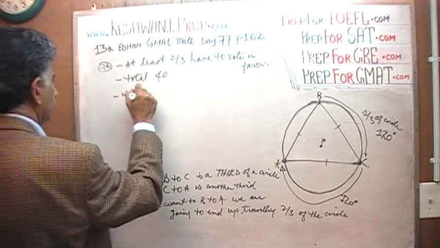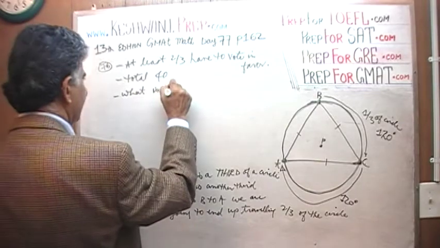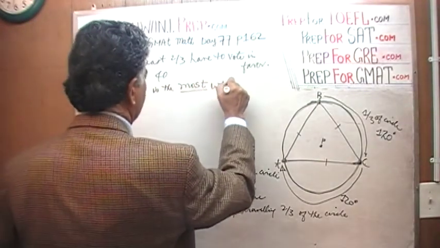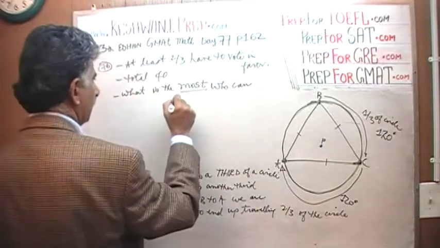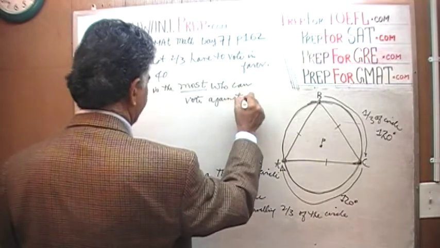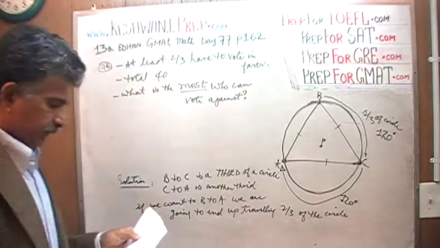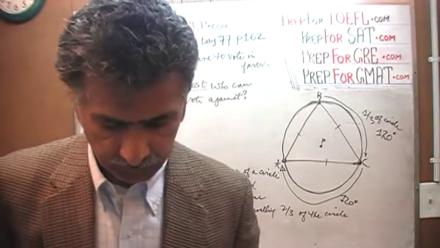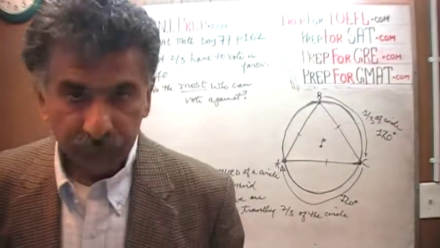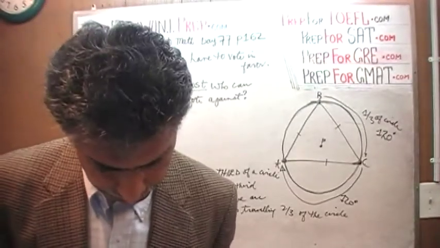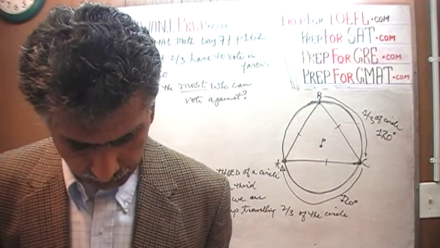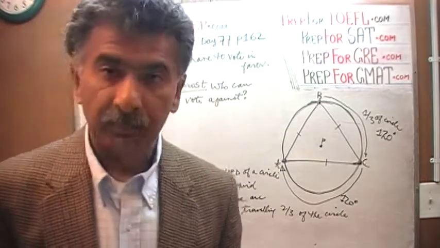The question is, what is the most who can vote against? So there is some resolution they need to pass, and in order for that resolution to pass, it has to have a 2/3 majority, and at least 2/3 of the 40 members of a committee must vote in favor of a resolution for it to pass, you see.